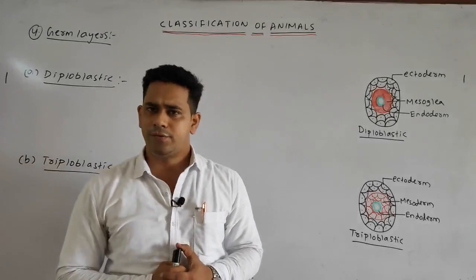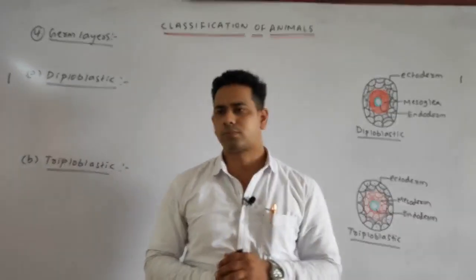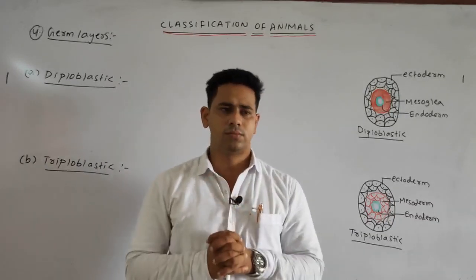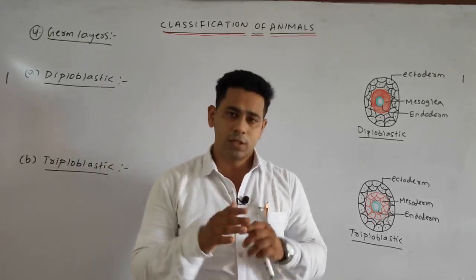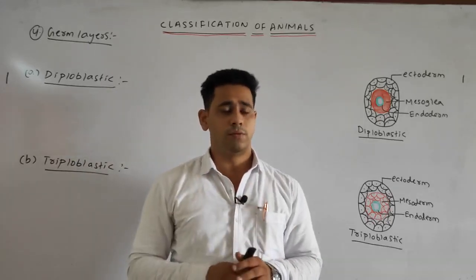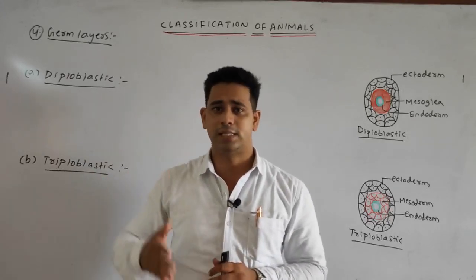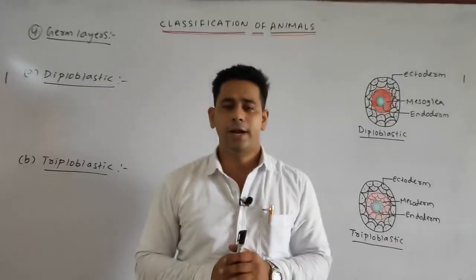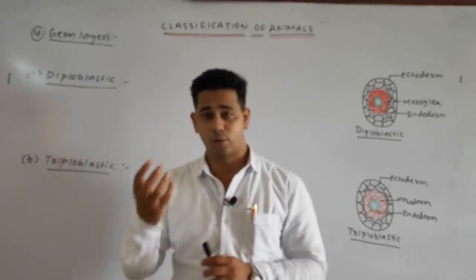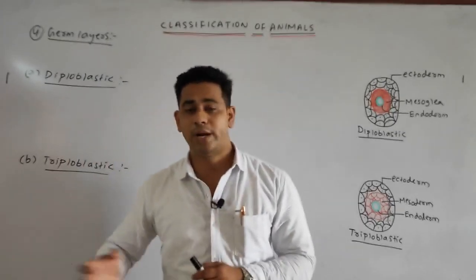When the male gamete and the female gamete fuse, it forms the zygote. Simply, the zygote is a single cell stage. Further it divides to form the 2 cell stage, 4 cell stage, 8, 16, 32, etc. It forms the morula, then from the morula the blastula, lastly the gastrula is formed.